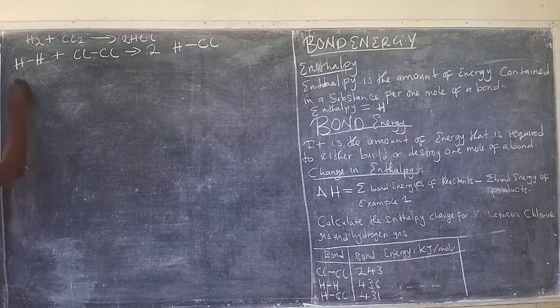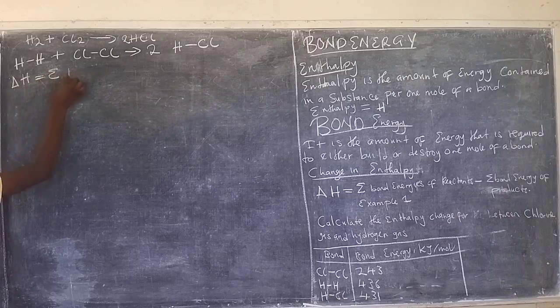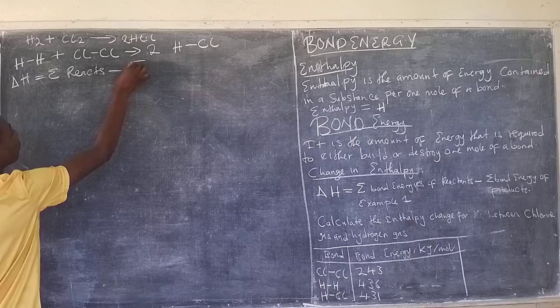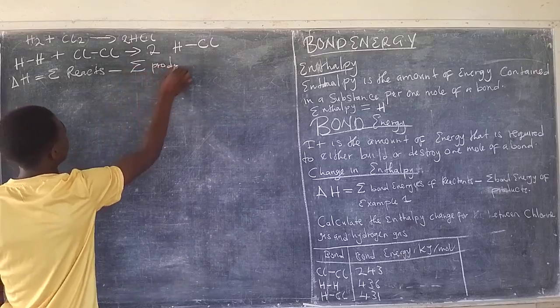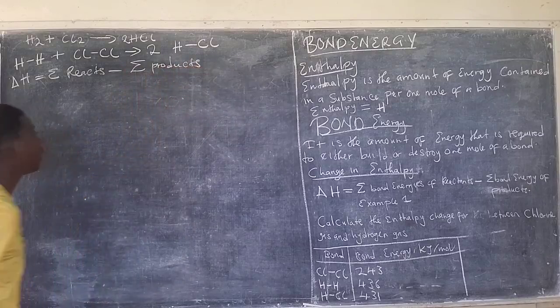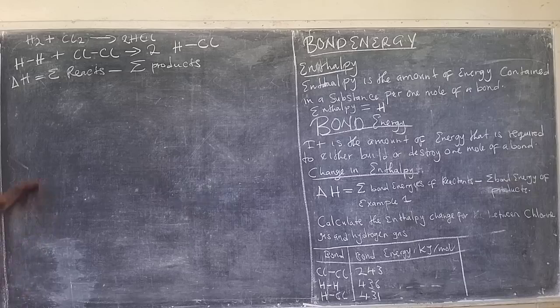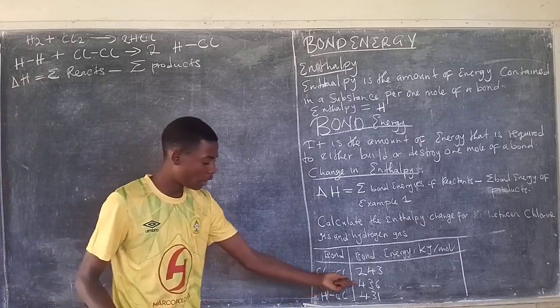With that, we can now use the formula: change in enthalpy should be equal to the summation of the energy of reactants minus the summation of the energy of products. So this is the formula that we use for change in enthalpy. For the reactants, we look at hydrogen bonded to hydrogen.